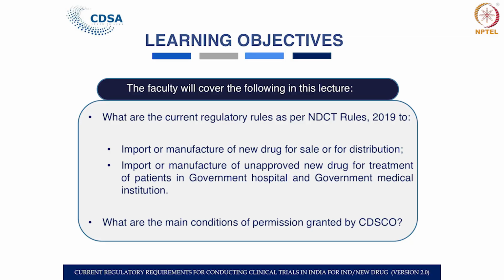In this lecture, what we are going to cover is the current regulatory rules governing the import or manufacture of new drug for sale or for distribution in the country, and also the rules for the import or manufacture of unapproved new drug for the treatment of patients in government hospital and government medical institution.